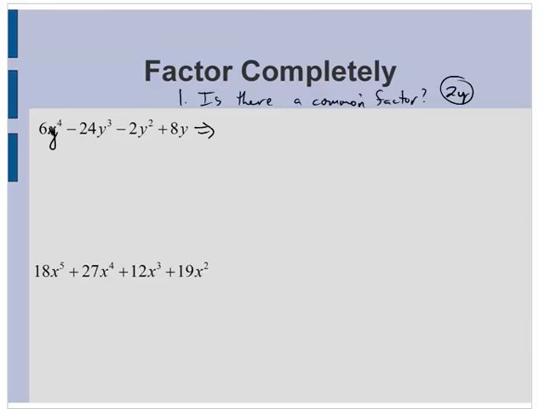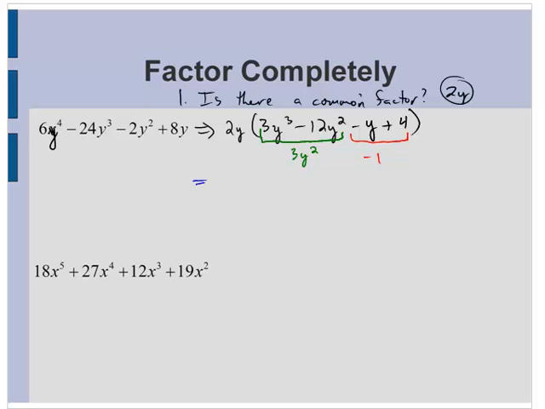So I will write this first as 2y times, let's see, I'd have 3y cubed minus 12y squared minus y plus 4. Now, I'll look over this and try the grouping idea. These have a common factor of 3y squared. The second grouping has a factor of, wait a second, negative 1.